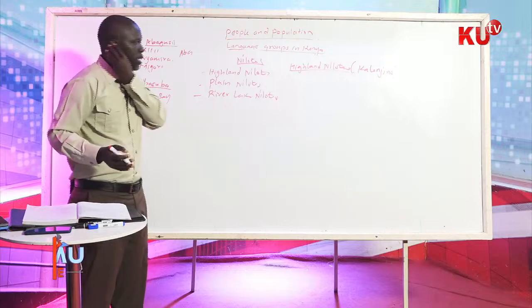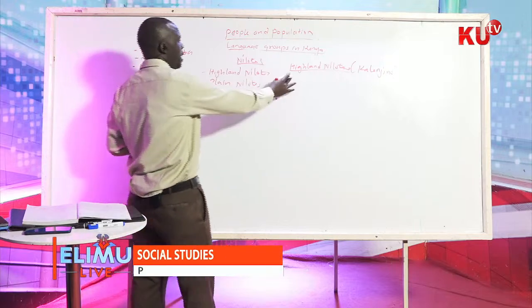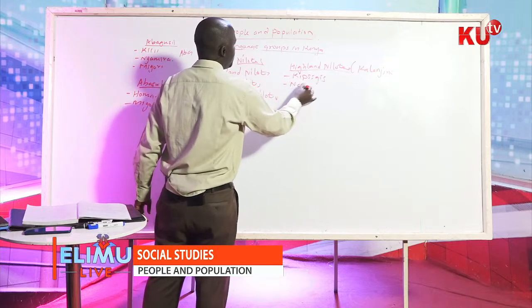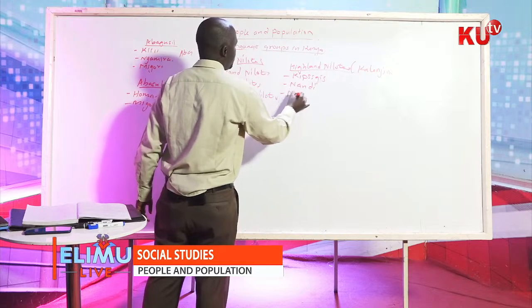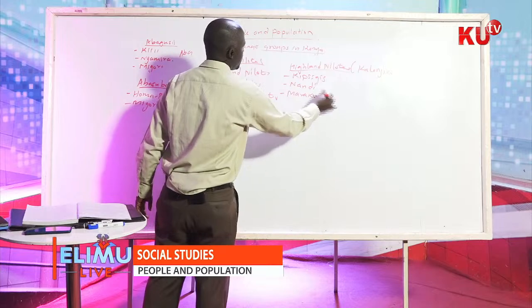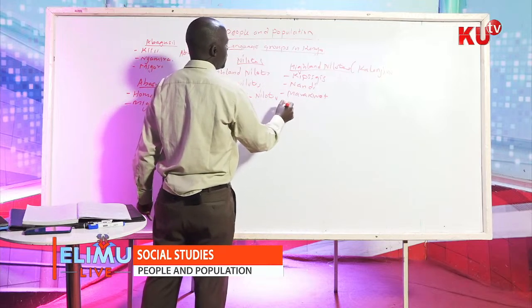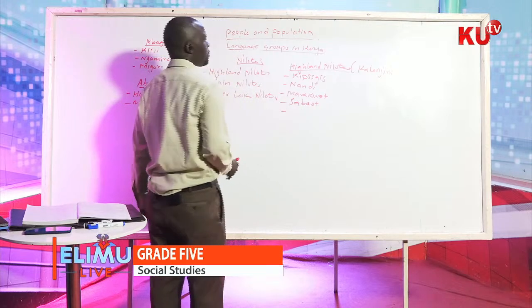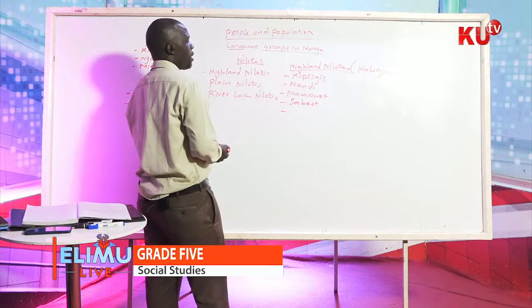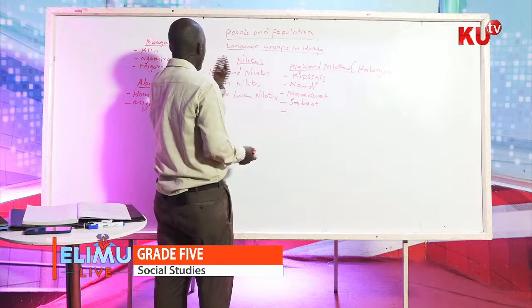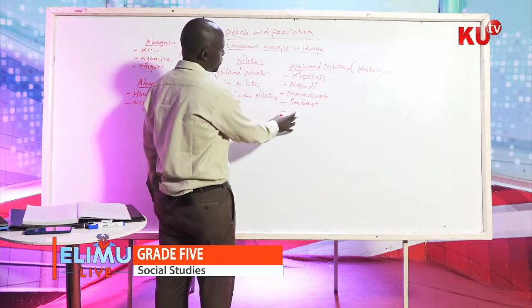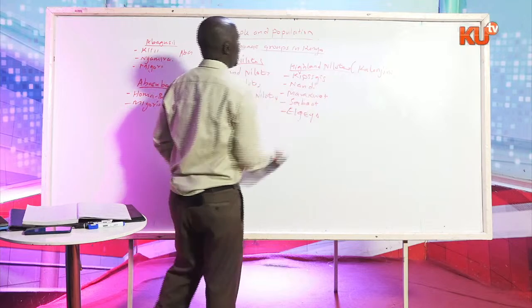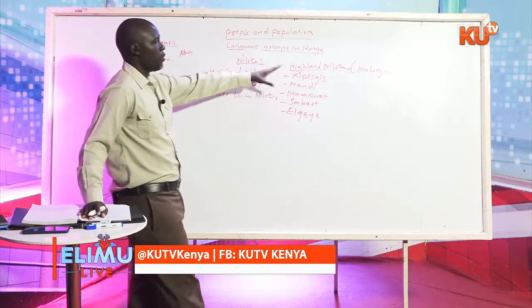But there are several communities that make up the Kalenjin. Here we have the Kipsigis, the Nandi, Marakwet, Sabaot, and also Elgeyo, among others.